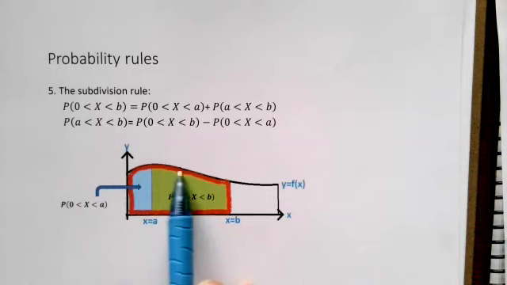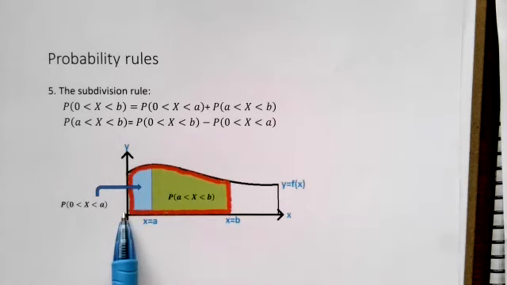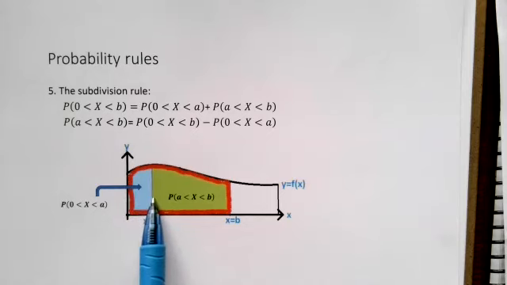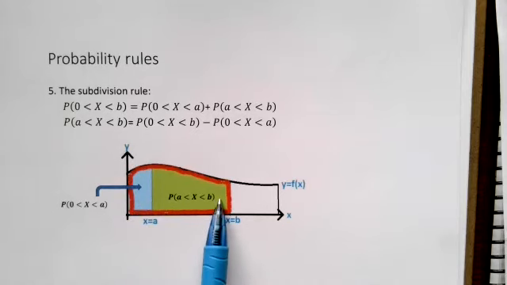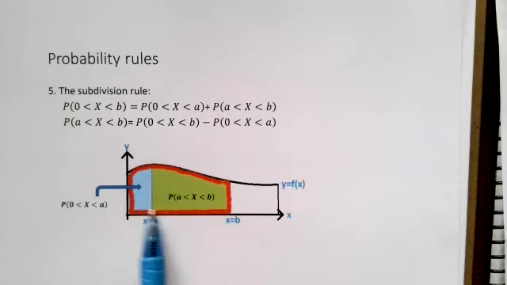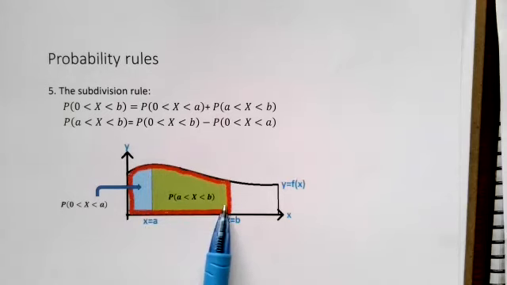So this piece highlighted in red consists of two pieces, the blue one and the green one. And in order to get this whole area, we have to add these two pieces together.